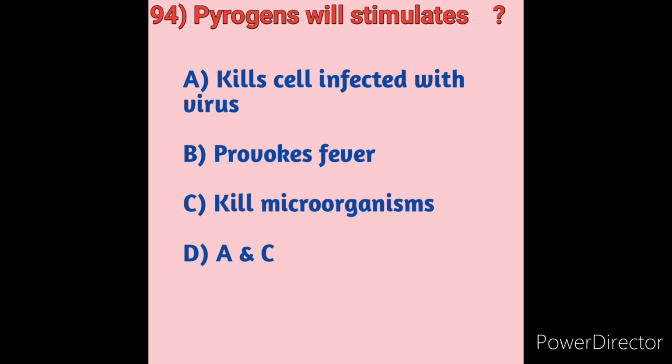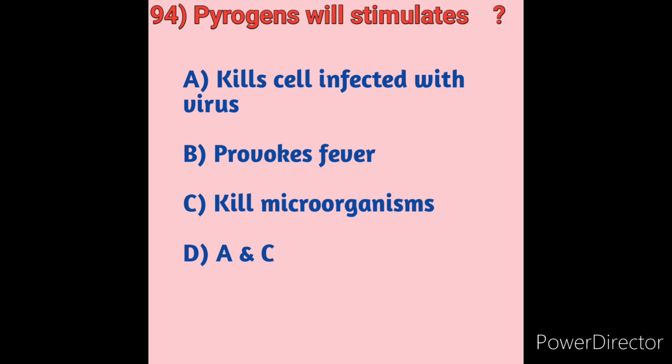A pyrogen is a substance, organisms or their product toxins, that provokes fever. Exogenous pyrogens are substances which originate outside the body and which are capable of inducing interleukin.